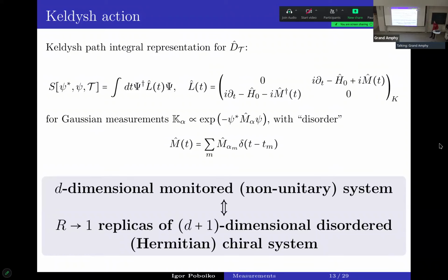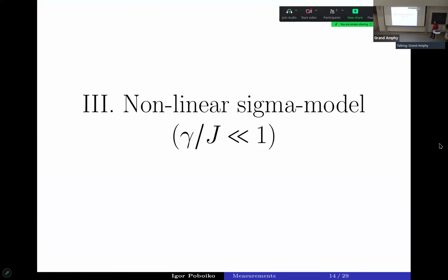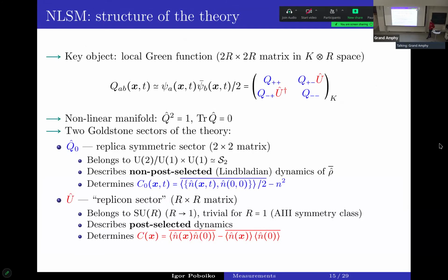Okay. So now let me quickly describe how the theory looks and what its implications are. The theory is formulated in terms of these replicated fermionic fields. It's described in terms of a 2R by 2R matrix, which lives in the Keldysh and replica space, and it has this block structure. If you take just the blue part, this Q with indices, it's a 2 by 2 matrix.